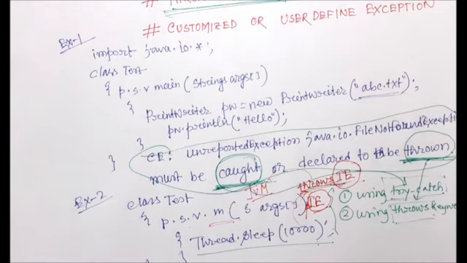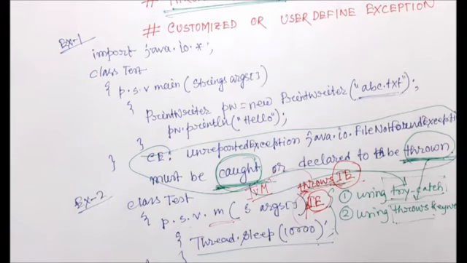We already know that Error is not a checked exception, and RuntimeException is not a checked exception. FileNotFoundException, IOException, SQLException, InterruptedException and RemoteException are checked exceptions. That means if any checked exception is going to arise anywhere in my program, it must be handled.